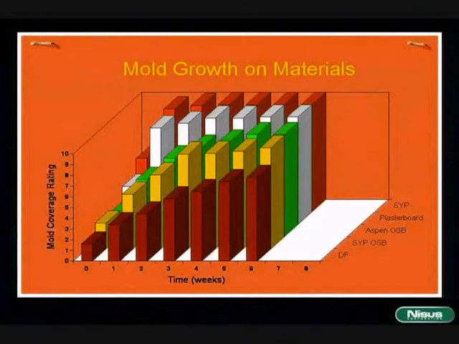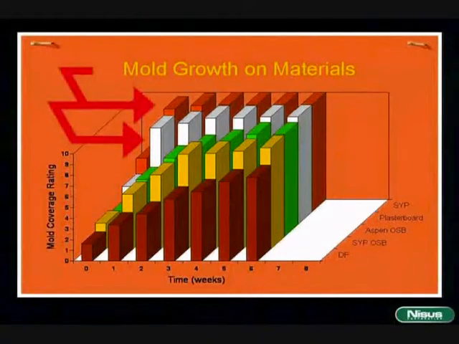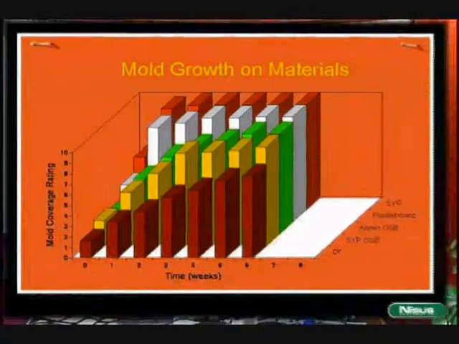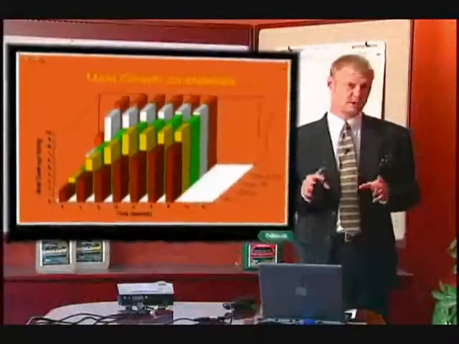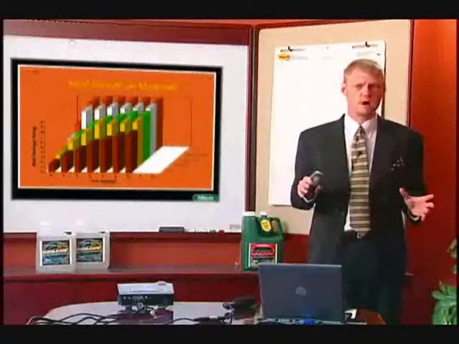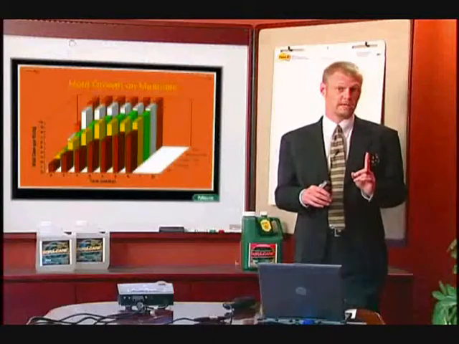What's important from this though is, first of all, you can see that the Southern Yellow Pine structural lumber and the sheetrock or plasterboard material in this test are almost completely covered with mold after 1 week of incubation under the ideal conditions. So two of the most abundant construction materials we use today are completely mouldy within about 1 week.